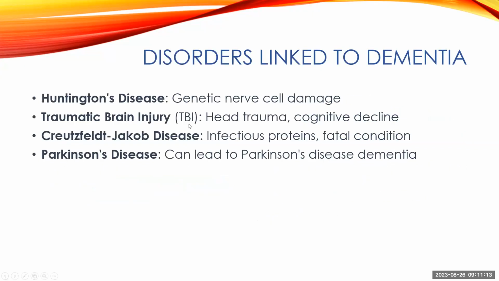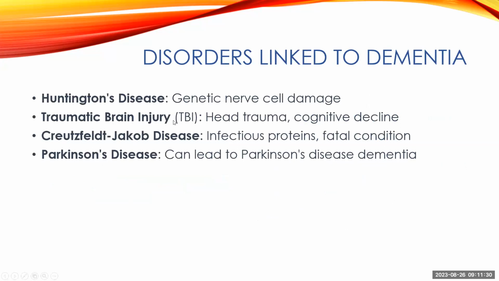Other conditions go more in detail. You may not see that very often in daily practice, but it's good to know about Huntington disease. It's a genetic condition. Traumatic brain injury here.